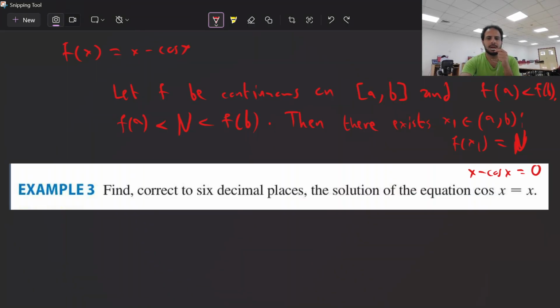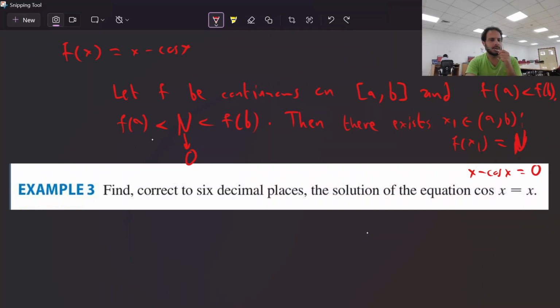So let's get back here. What's the value of n in our example? 0, right? For our function, we want n equal to 0. Choose now a equals 0.